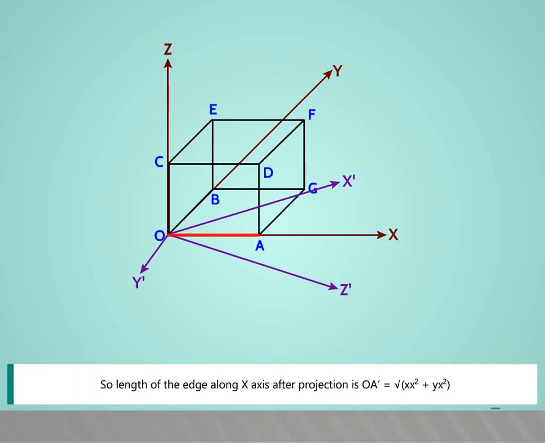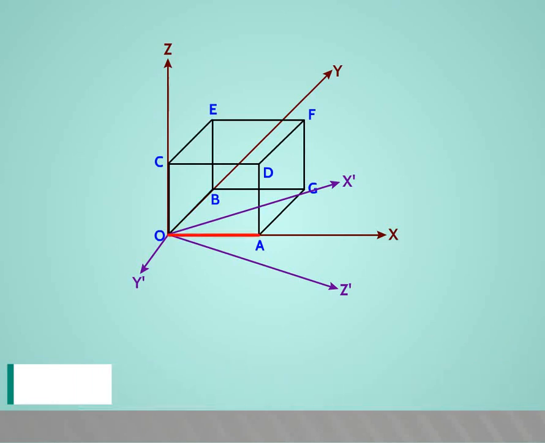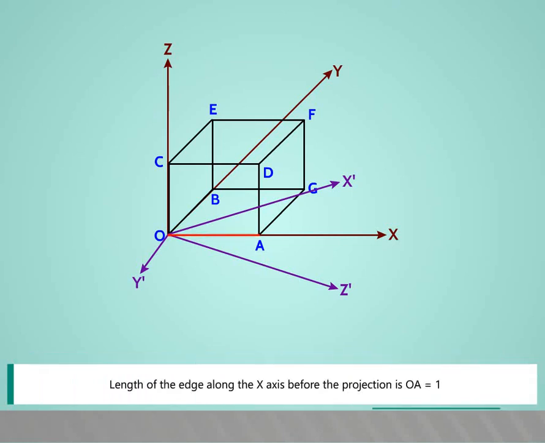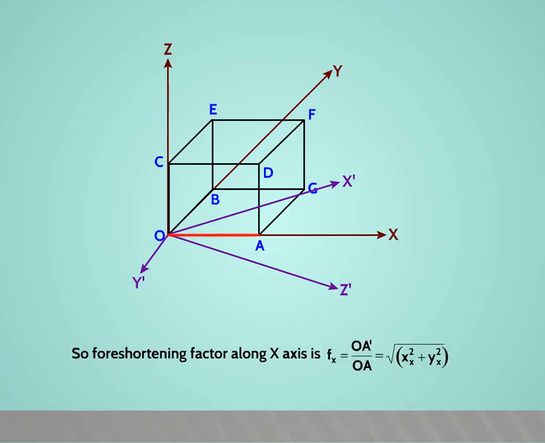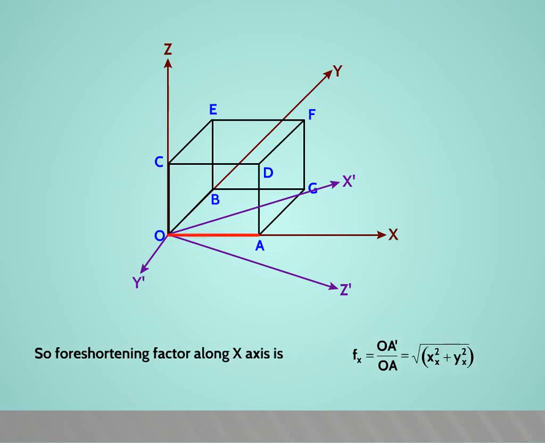So the length of the edge along the x-axis after projection is OA' = square root of (xx square plus yx square). The length of the edge along the x-axis before projection is OA = 1. So the foreshortening factor along the x-axis is fx = OA'/OA = square root of (xx square plus yx square).